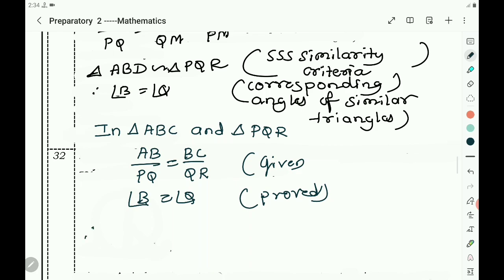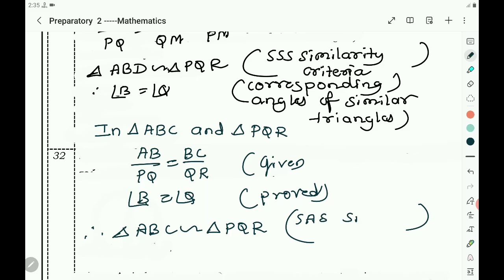Therefore, you can write triangle ABC is similar to triangle PQR according to SAS similarity criteria.